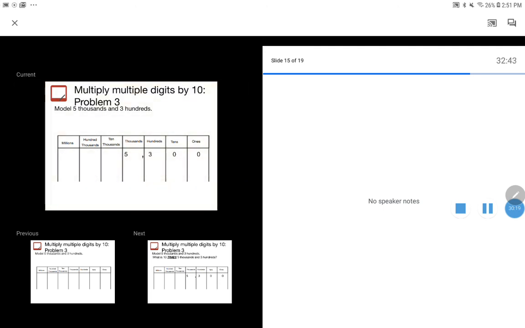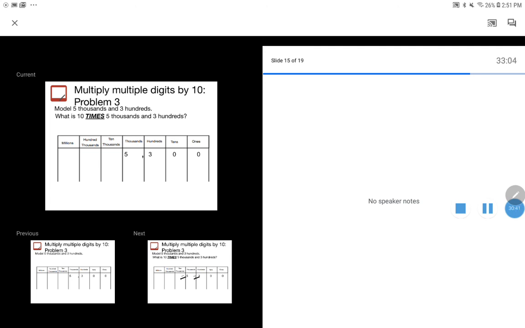I just modeled mine with numbers. So that would be 5,300, right? 5,000s and 300s is 5,300. What's 10 times 5,300? Show me on your place value chart what happens.